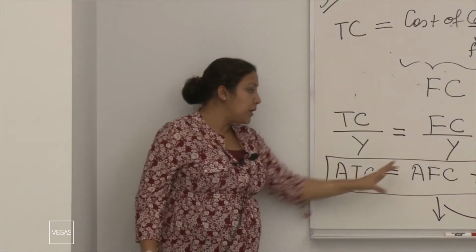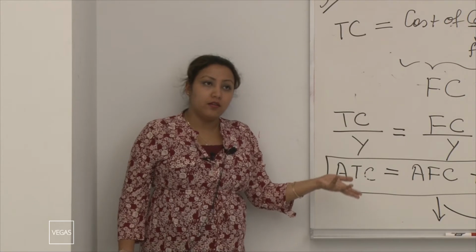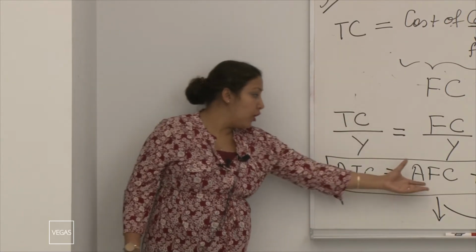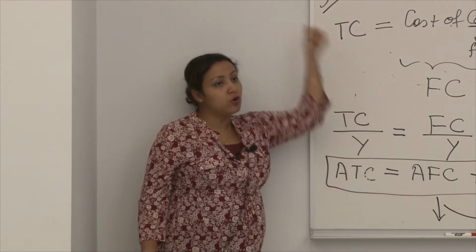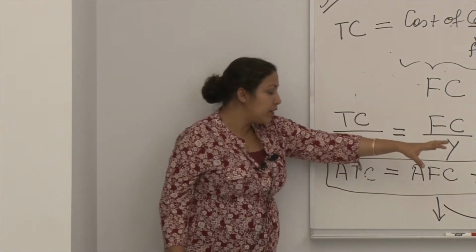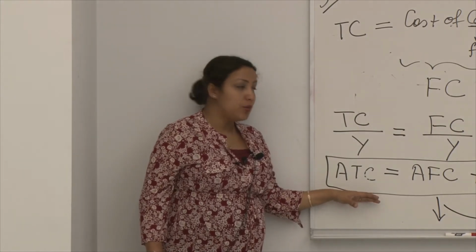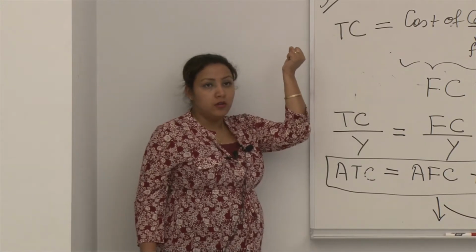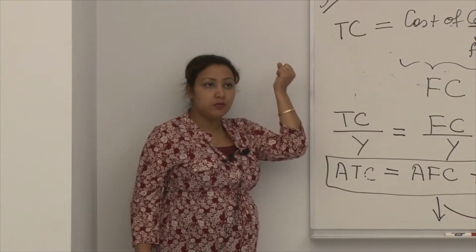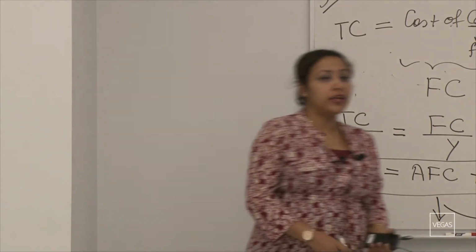So the total depends on two things, and those two things react differently to Y. The spreading out effect creates a downward pull on ATC, whereas the diminishing returns effect creates an upward push on the ATC, right? So there is a tug of war going on there.